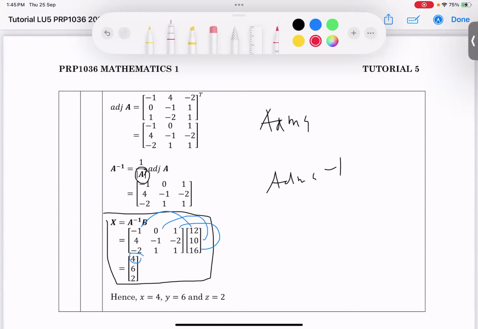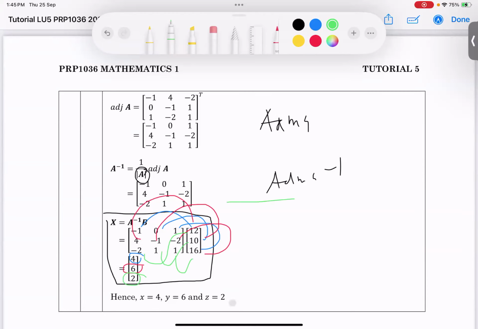Next, 4 times 12 plus -1 times 10 plus -2 times 16, and you get 6. Lastly, -2 multiplied by 12, plus 1 multiplied by 10, plus 1 multiplied by 16, and you get 2. So finally, you will get 4, 6, and 2.